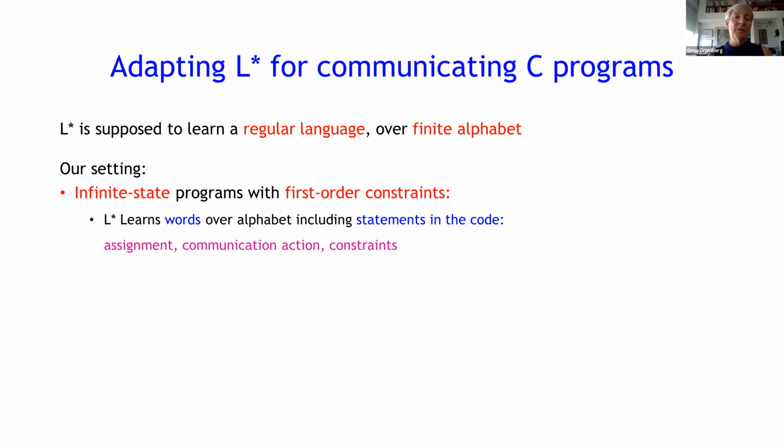So one decision that we made, that I already mentioned following Alexandra's question, is that we learn words over an alphabet including statements in the code. So the alphabet in our words includes assignments, communication actions and constraints.